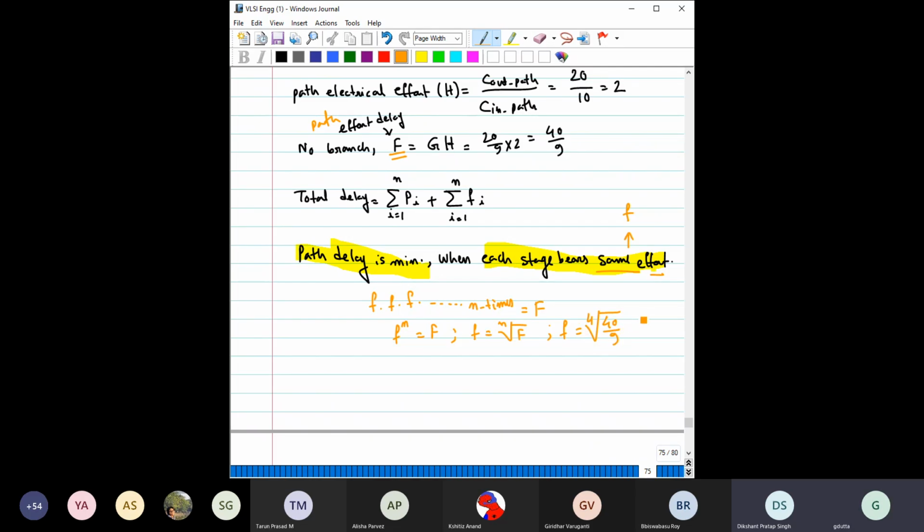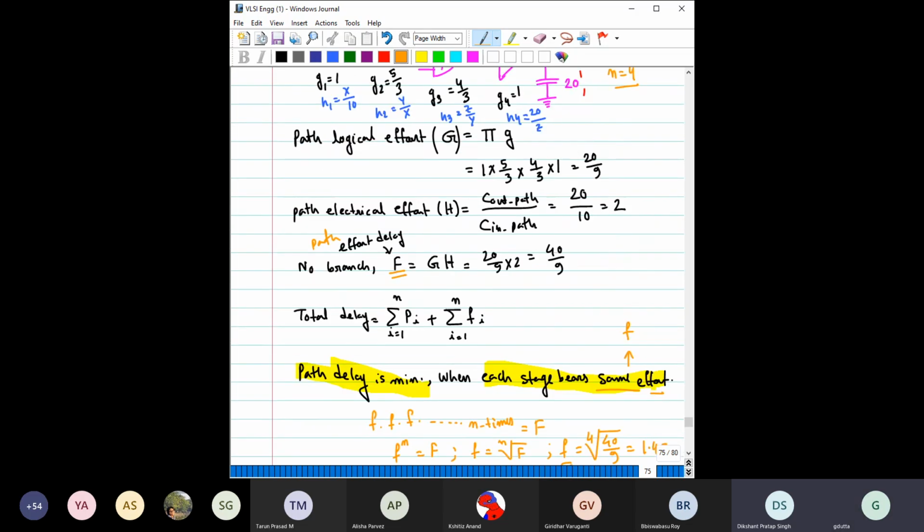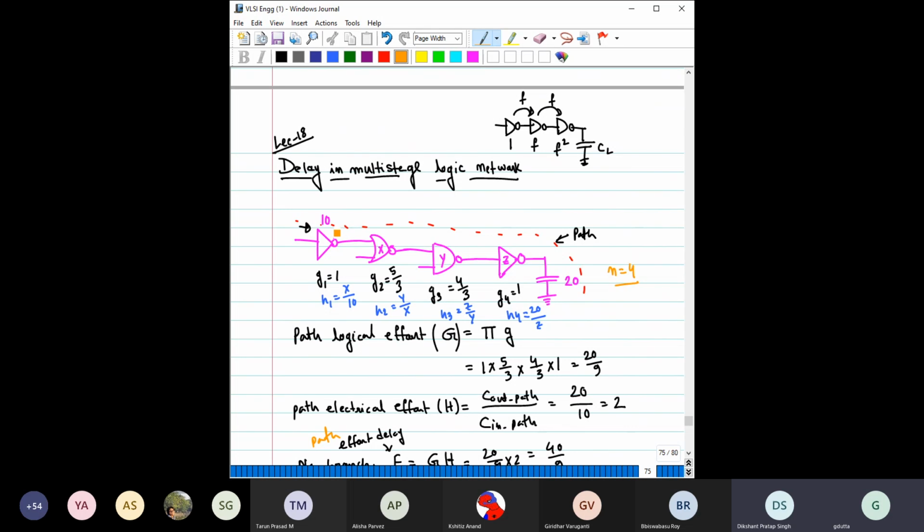If you calculate it, you will get 1.45. So the effort of each stage should be equal to f, which is 1.45. Whatever the size, the next capacitance should be 1.45 times compared to it. The same thing goes from here to here.